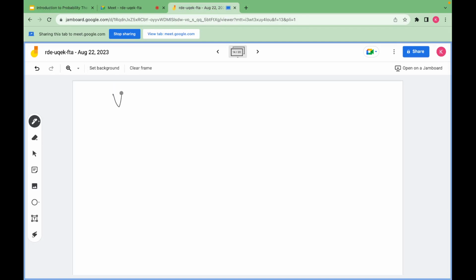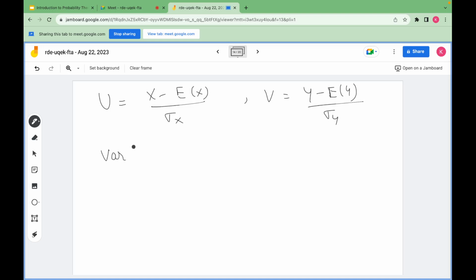So what we have is that u is x minus expectation of x upon sigma x, and v is y minus expectation of y upon sigma y. Now we know that variance of u plus v is nothing but variance of u plus variance of v plus 2 into covariance of u comma v.